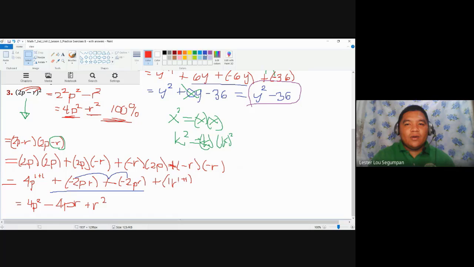Are they the same as the direct implementation of the power law? Definitely not, because this is a binomial, this is a trinomial. So which of the two is correct? This one should be correct because they applied power law. But power law, if you're going to review the power law, is only applicable to the terms inside a grouping symbol separated by multiplication or division. But this one, we have here a subtraction.